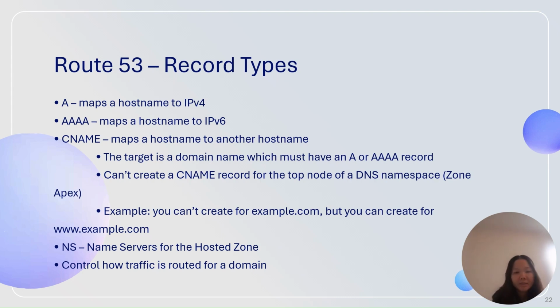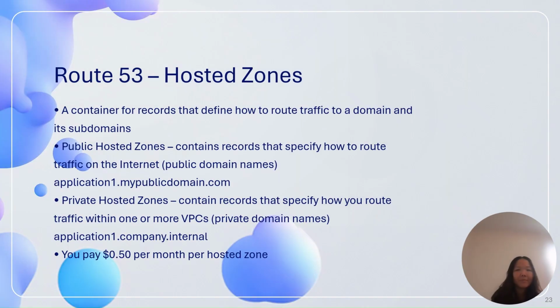www.example.com. NS are the name servers for the hosted zone and control how traffic is routed for a domain. A hosted zone is a container for records that define how to route traffic to a domain and its subdomains.